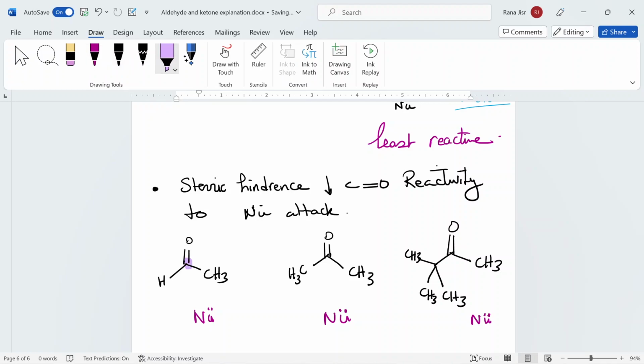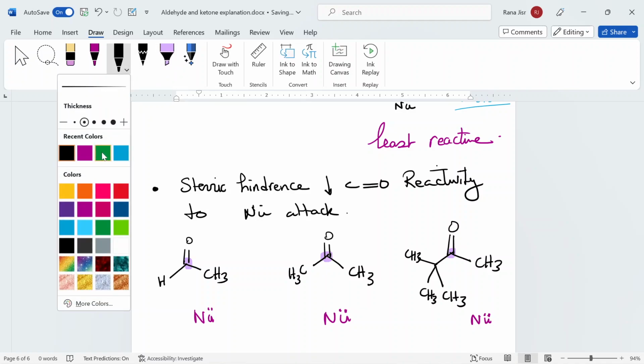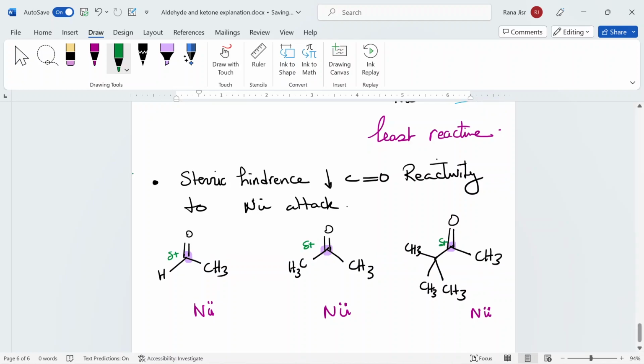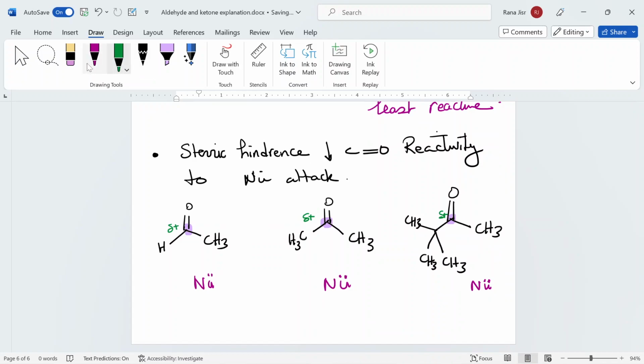Each of these carbons is partial positive, and in all, this is going to be a partial positive electrophile in this case. In all, the nucleophile is going to come and attack the carbon of the carbonyl. But the question is, how accessible is this carbonyl?